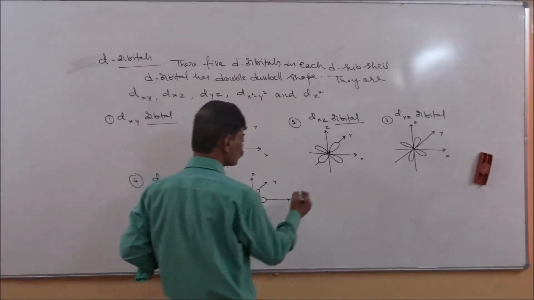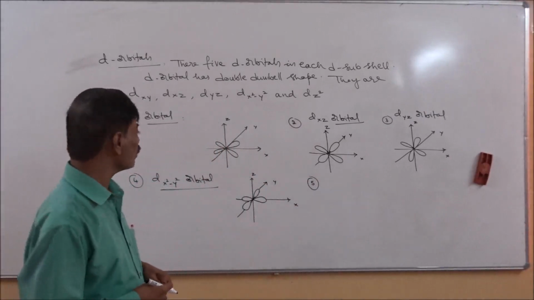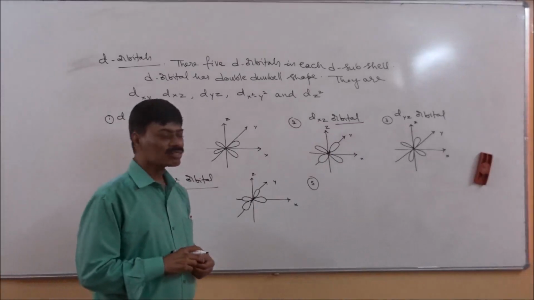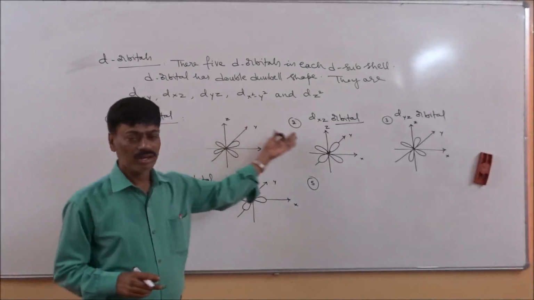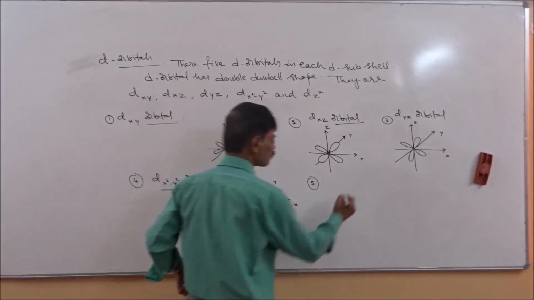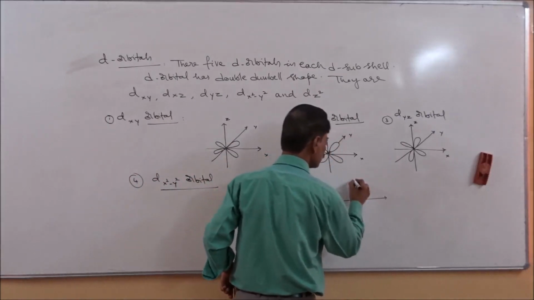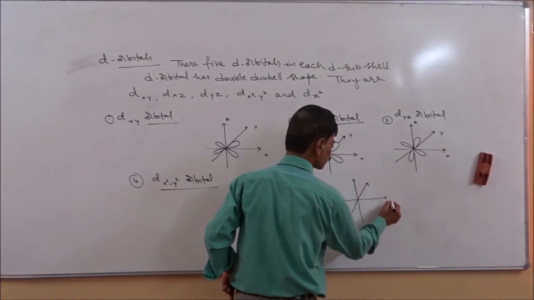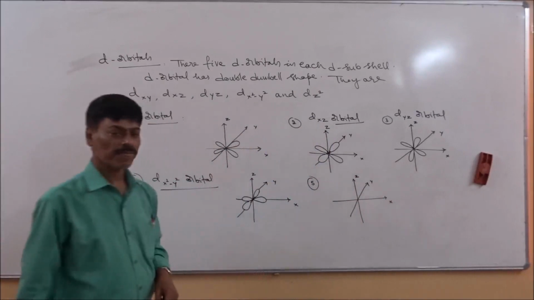Next we will move to the fifth type of d orbital, that is the dz square orbital. This looks slightly different when compared to the four other types of d orbitals. Here first let me show the three axes as usual, that is x, y, z. These are the three axes.